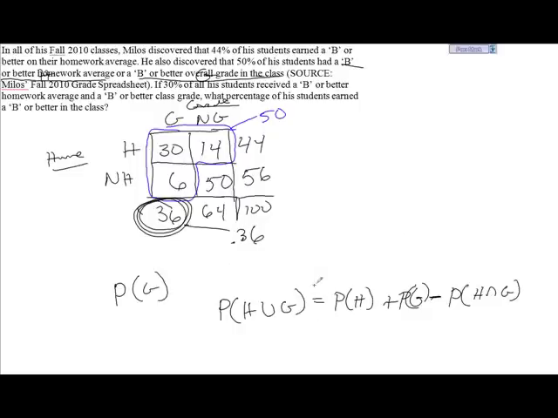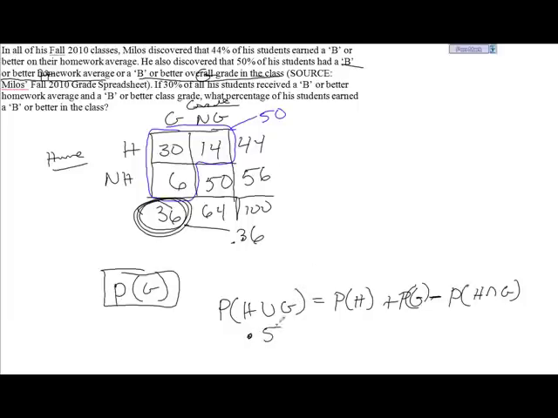So this actually makes it pretty quick. We don't have to fill out the whole table. It's just realizing that if you're looking for the probability of a single event and you don't have that, you can use an OR formula and say, okay, making sure I know these other three things, I can probably fill in the rest. Well, I'm told that the probability of B or better on homework or B or better as a class grade is this number right here, 50%.